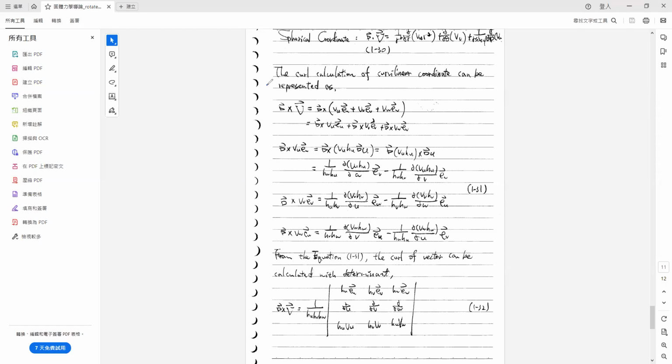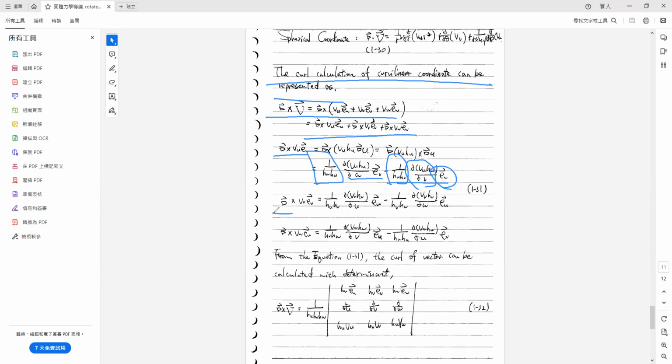On the other hand, the curl calculation in curvilinear coordinates can be represented as this. The curl of VU vector EU equals 1/HW delta (HU VU)/delta W vector EV minus 1/(HU HV) delta (HU VU)/delta V vector EW.